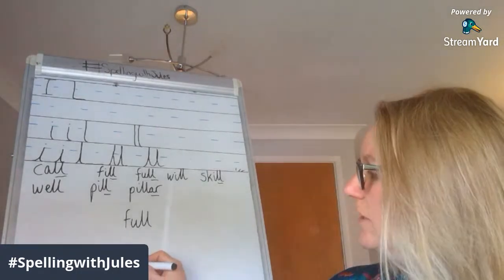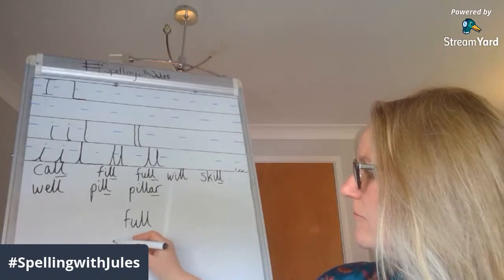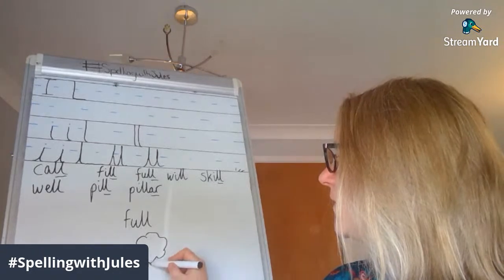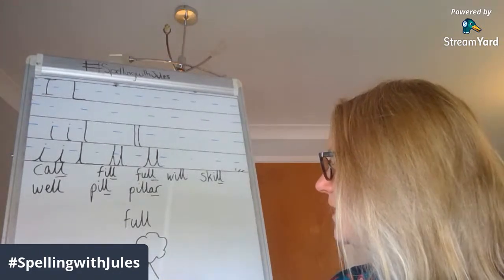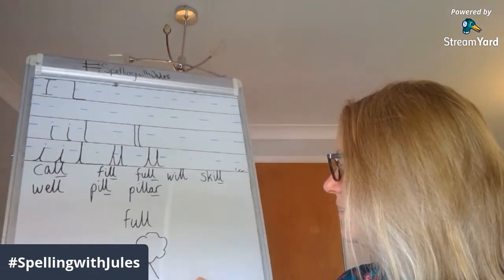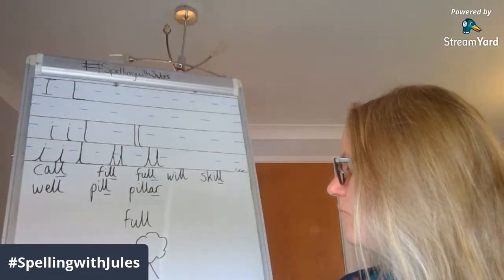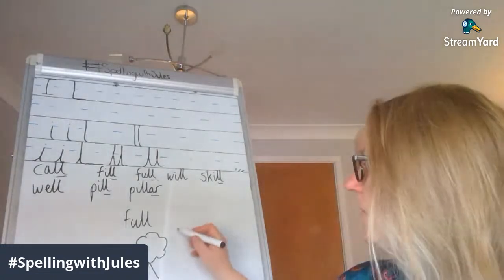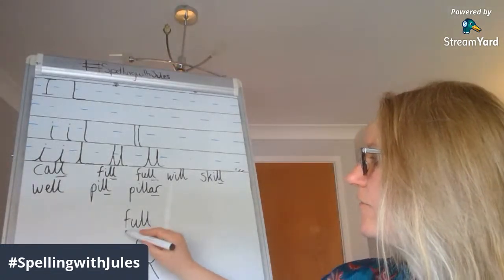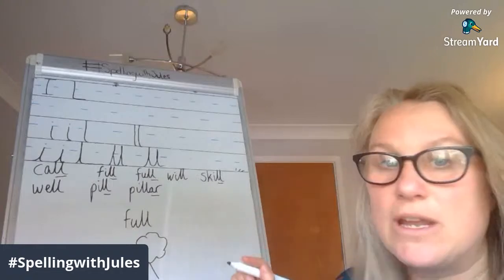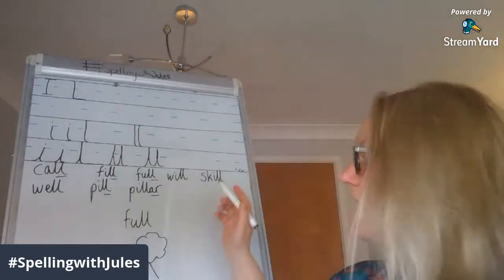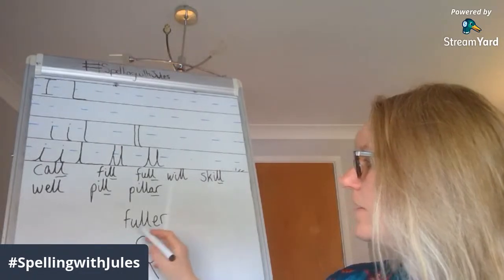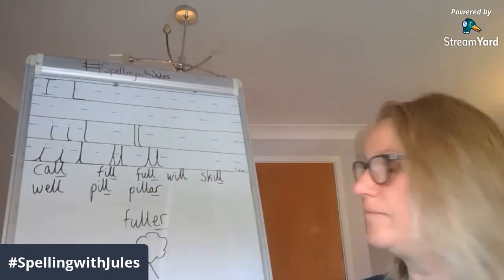So if you think of a tree, I'm going to do a really bad drawing of a tree if I'm not careful. Okay, and then a tree has roots down here. Okay, and our root word is full. Okay, and then we have this thing called a suffix. Yes, Ollie, on the end, we put the so we have full and fuller.